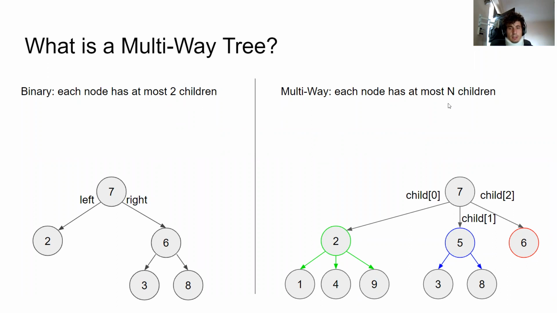We can set it initially, and for example, this has at most 3 children for each node. All right. So a multi-way tree is basically a tree where each node can have multiple children.